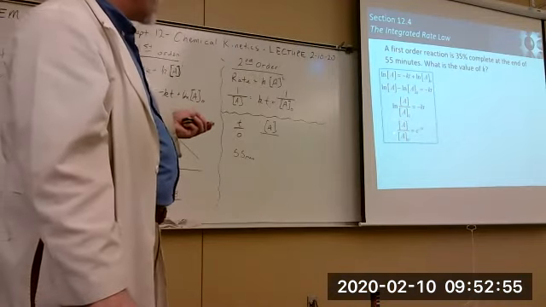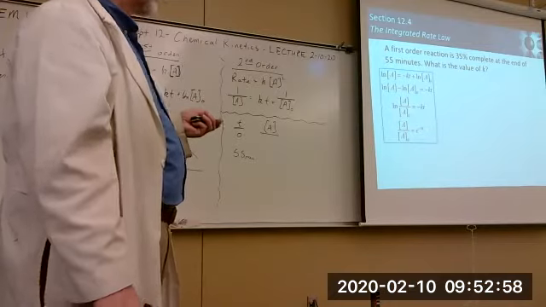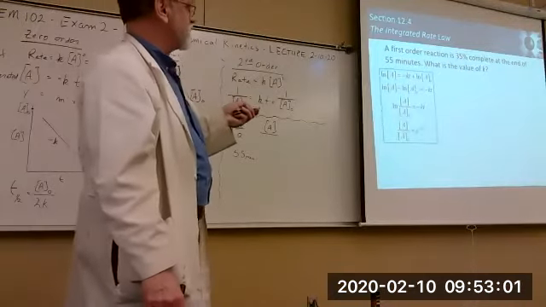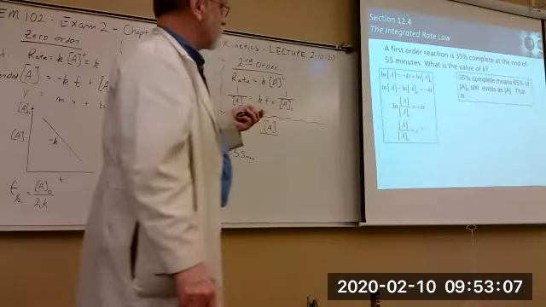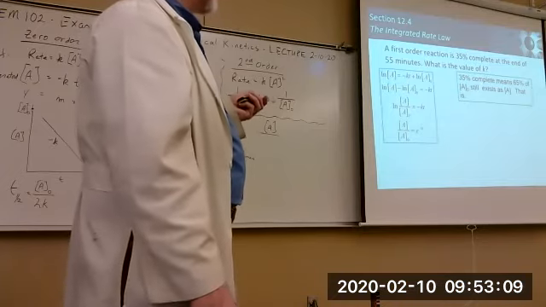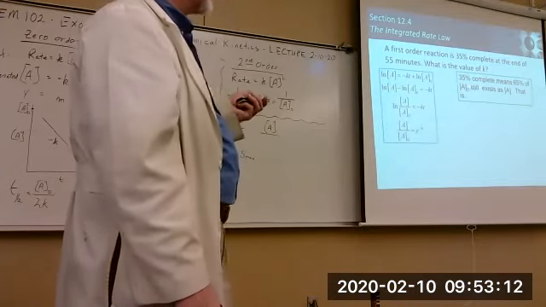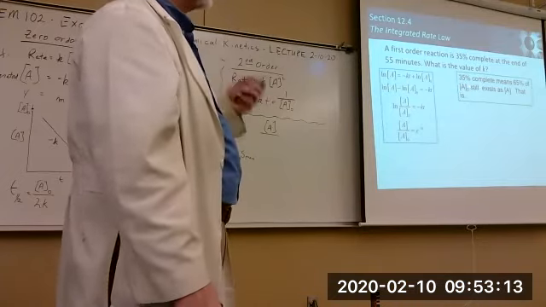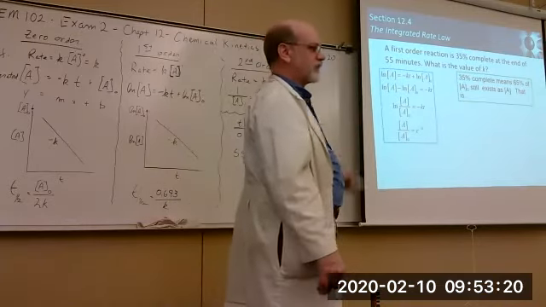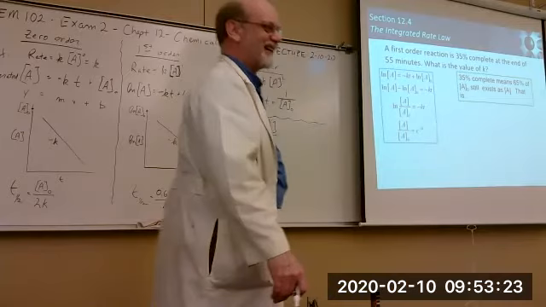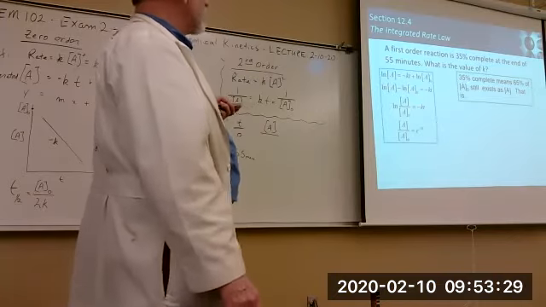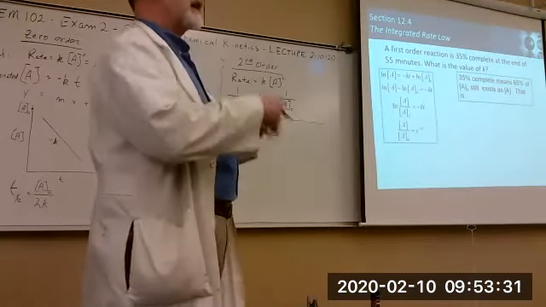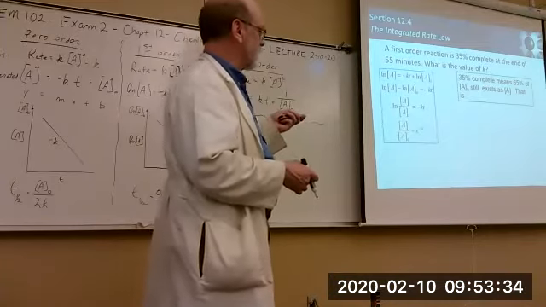So now that we know that this ratio is equal to that value, then we can use 35% to find out what 35% complete means. 35% complete means that 65% of A0 is still A. If we're saying that it's 35% complete, that means we've used up 35% of the initial amount, and what's left over is 65% of what we started with.